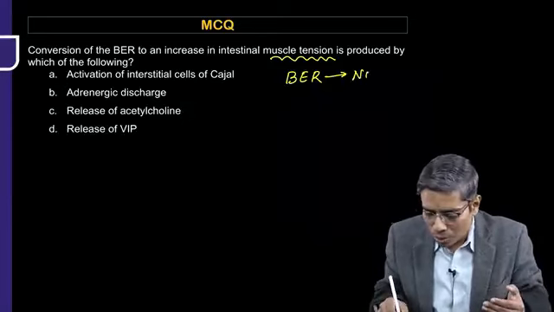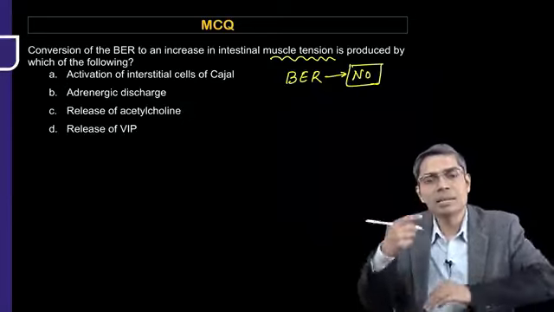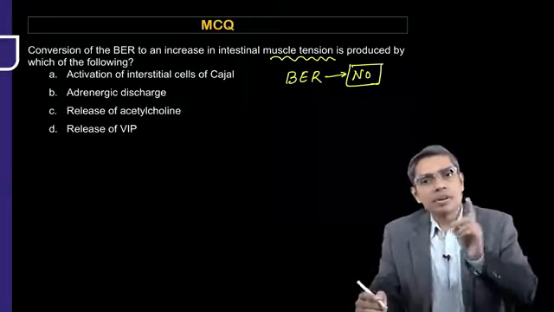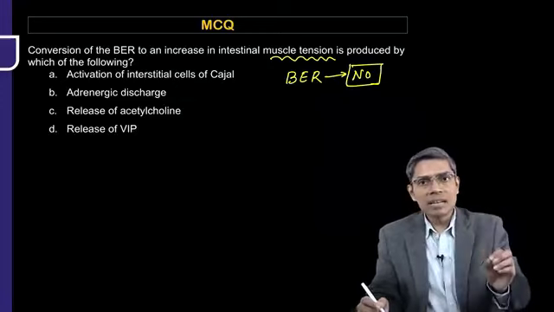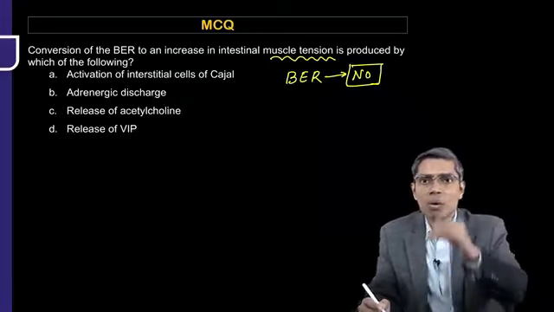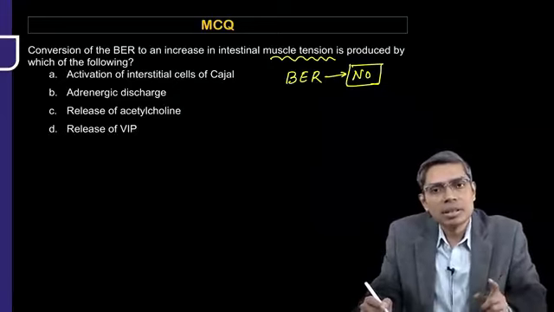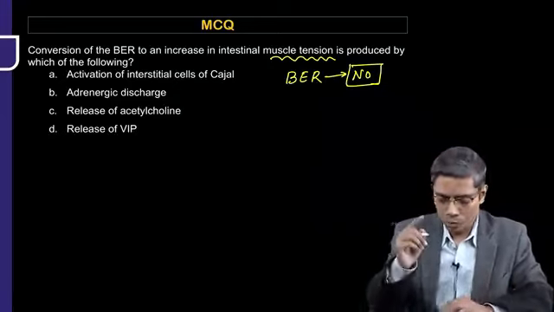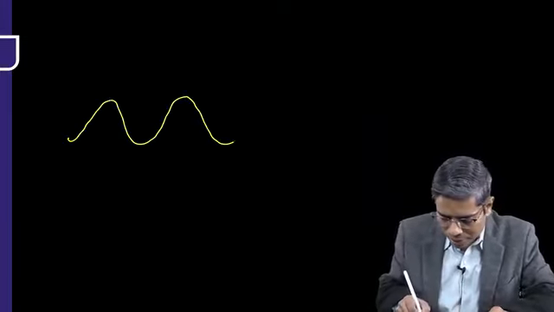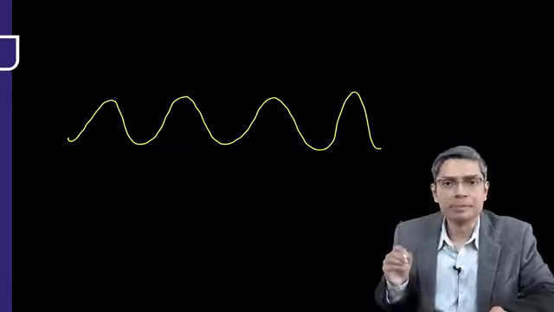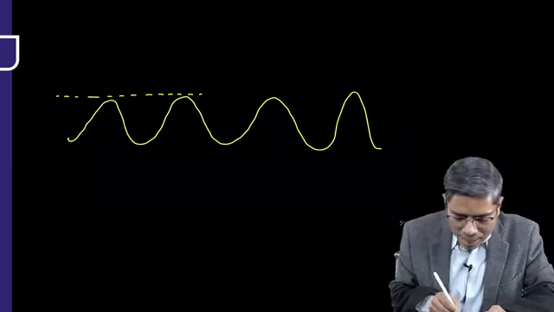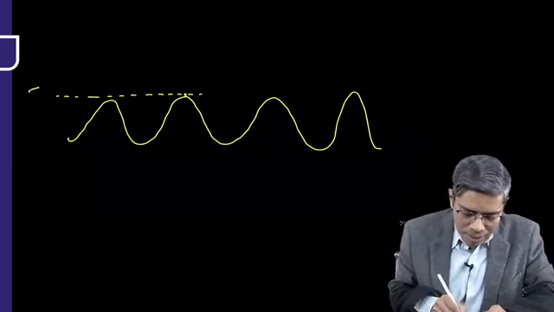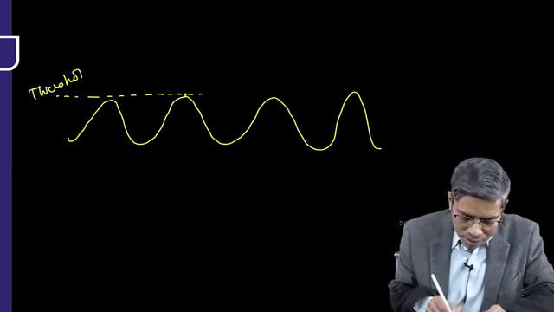Answer is no, muscle contraction is not possible by BER itself. For contraction of the muscle, you require an action potential. So whenever the BER is generating an action potential on top of it, then and only then the muscle contraction is going to happen. So what I'm saying is like this, suppose the BER is going like this, okay, at a particular rhythm the BER is going. So whenever this BER is moving above a certain voltage, that certain voltage is known as the threshold voltage.